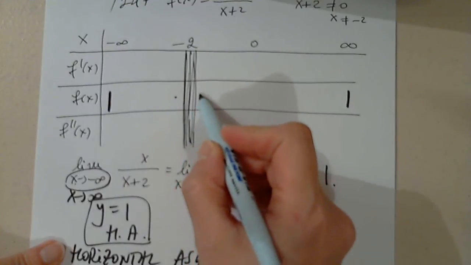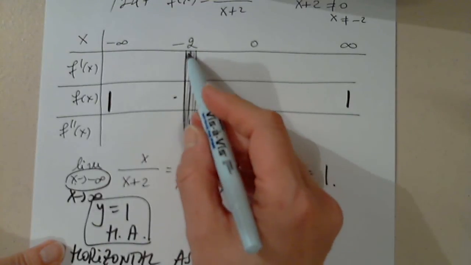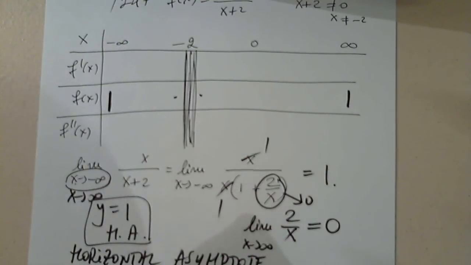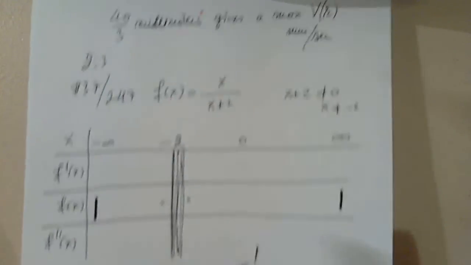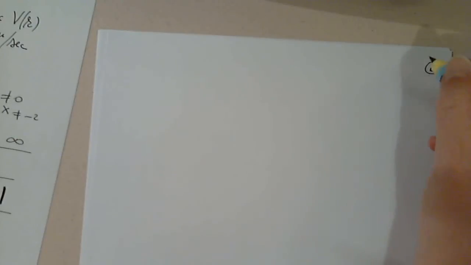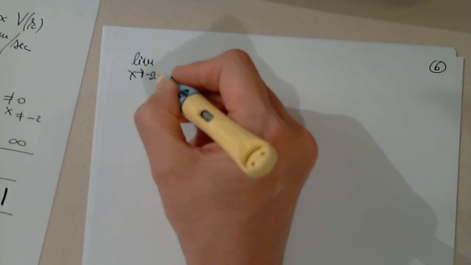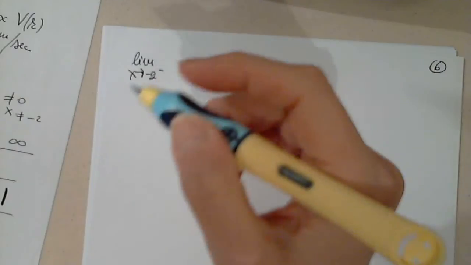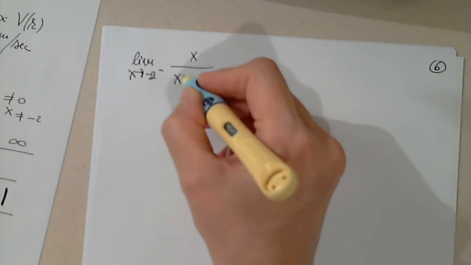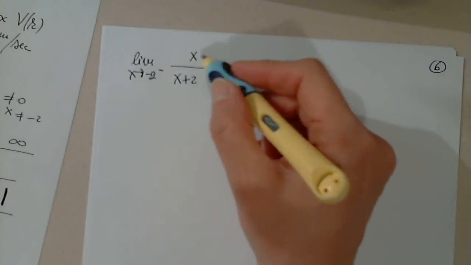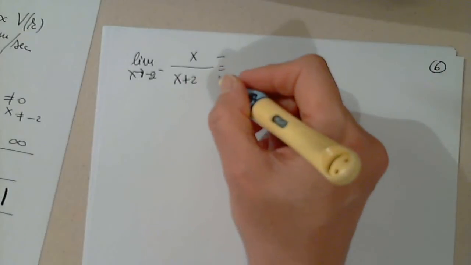Now I have to determine the limits left and right of -2. Next page, page 6. Limit as x approaches -2 from the left of x divided by x plus 2. The numerator is a negative number, the denominator is 0.